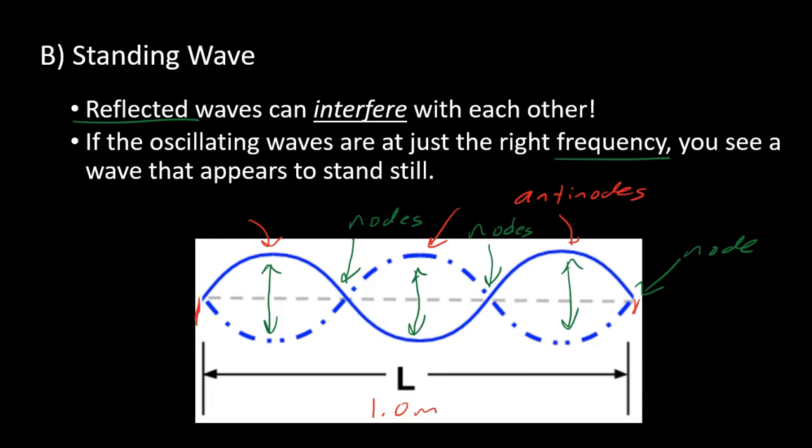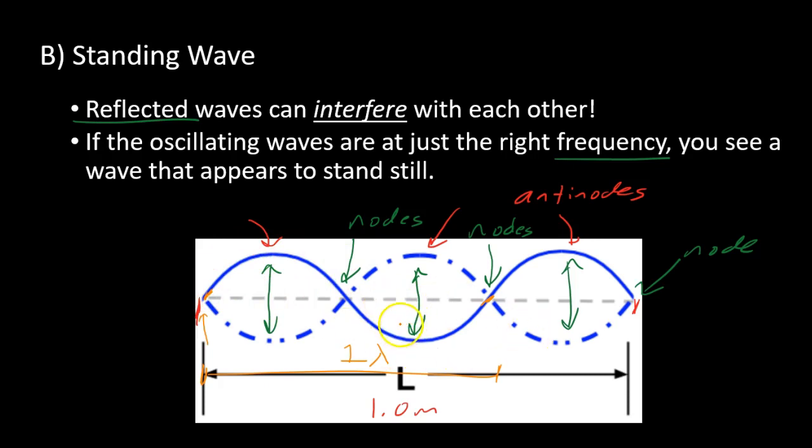From right here, I'm going upwards. Then I keep going up and up and up. I reach a crest. I start going down and down and down. Here's a trough. Here's another moment when I'm going up. So from this spot to this spot, this here is one wavelength. One wavelength is one hill and one valley.